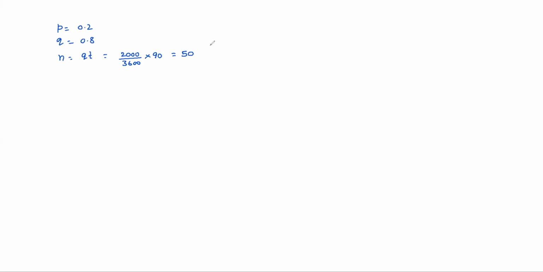Now he is asking, estimate the probability that no more than 4 left turn vehicles will come in a cycle. That means P of x equal to 0 plus P of x equal to 1 plus P of x equal to 2 and so on, up to P of x equal to 50. On average, 50 vehicles will come in the cycle.